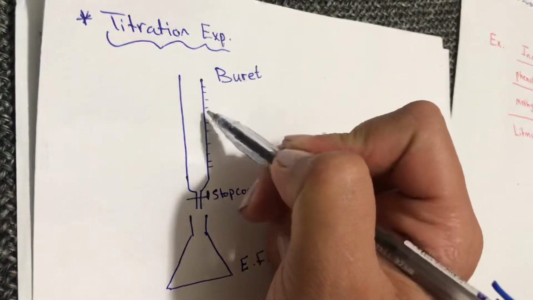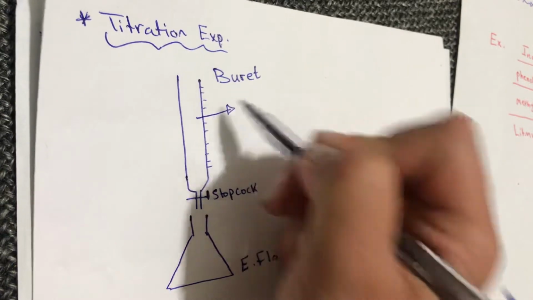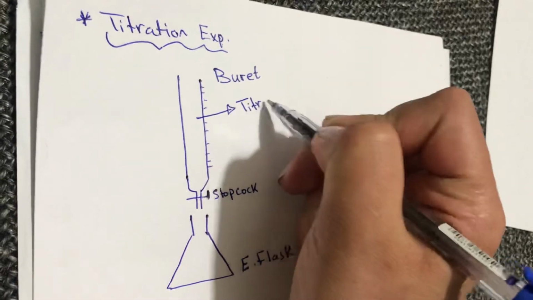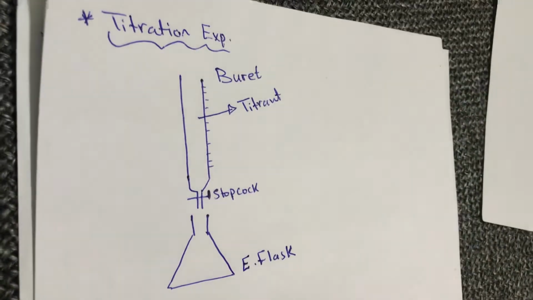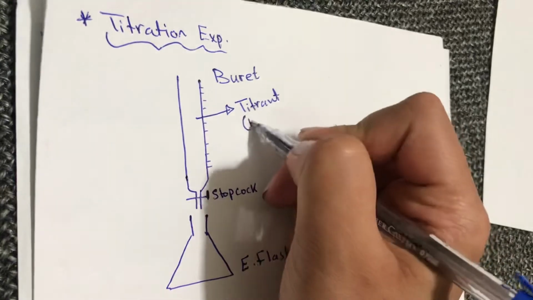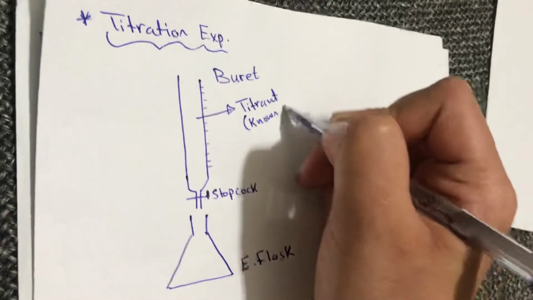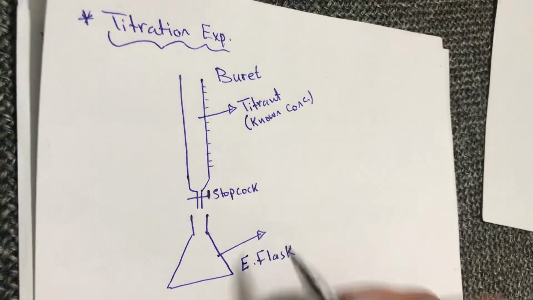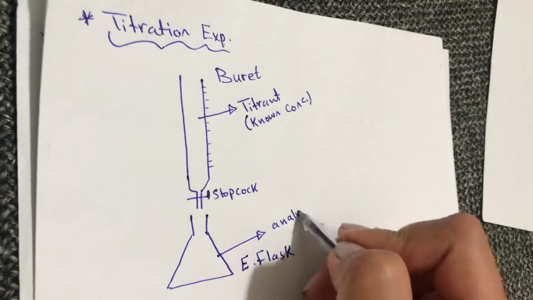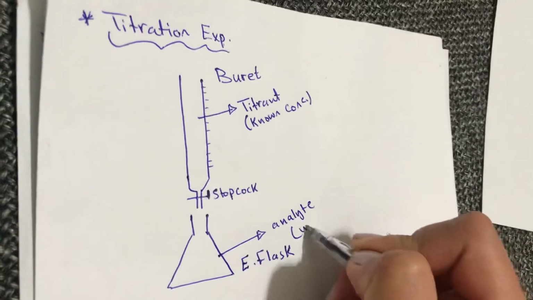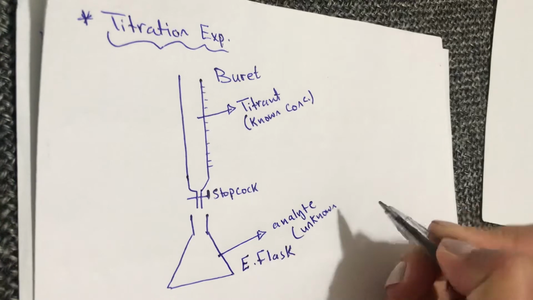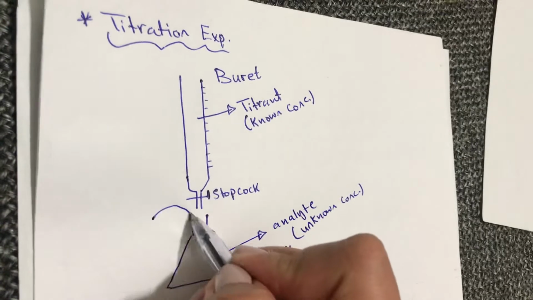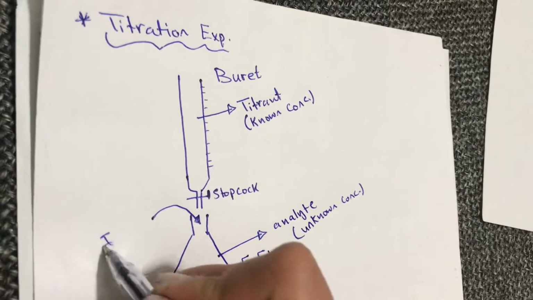In the burette you have to add the titrant. Titrant means a solution of known concentration, and in the flask you have to add the analyte. Analyte means a solution of unknown concentration, and in the flask you also have to add an indicator.